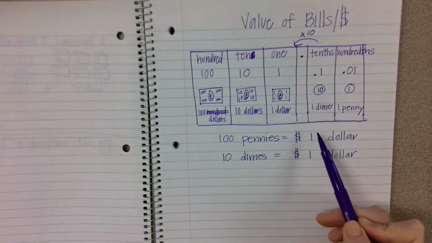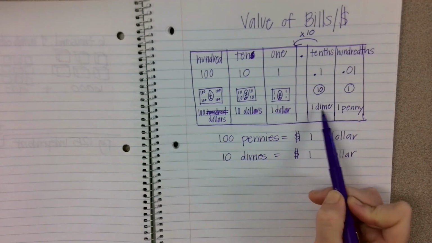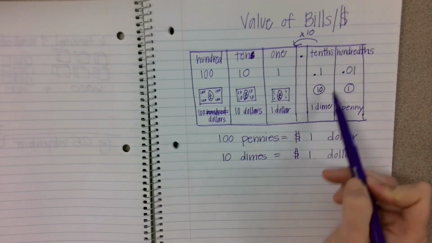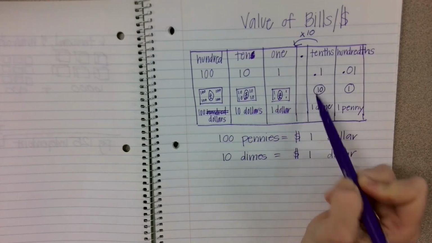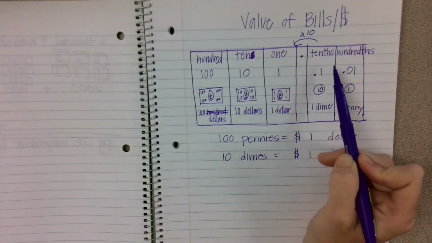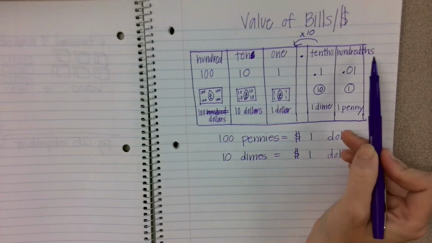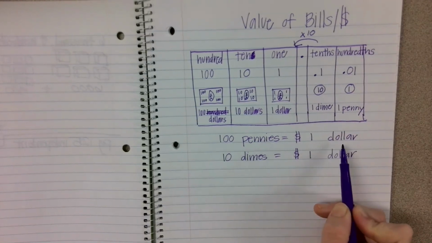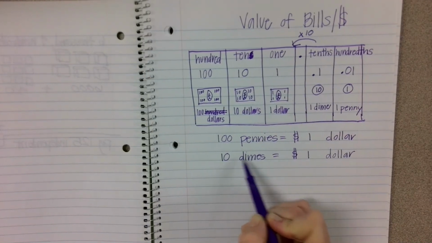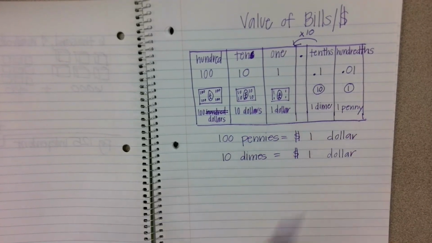And you can remember that D comes first in the alphabet versus a P. So the first place value to the right of the decimal is a dime. The second place value to the right of the decimal is a penny, and hundredths, because it takes 100 pennies to make $1. It takes 10 dimes to make $1, so that's why it's in the tenths column.